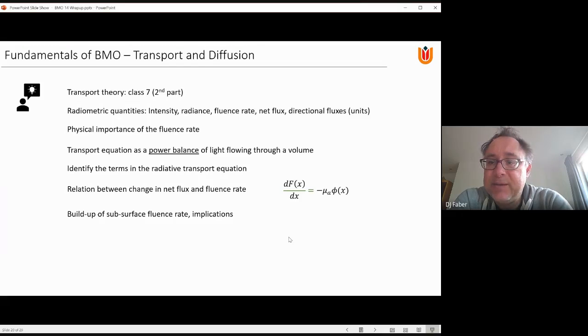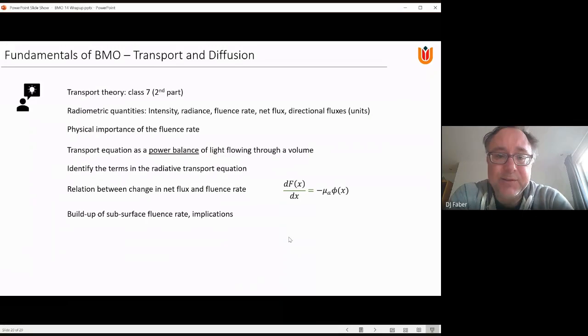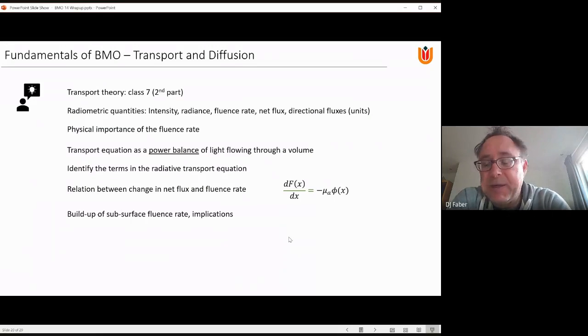Specifically, the fluence rate has some physical importance. The unit of fluence rate is watt per square meter, just like for power. And if you multiply the fluence rate with the absorption cross section, you're calculating something that has units of watts. So you calculate the amount of power that is absorbed.